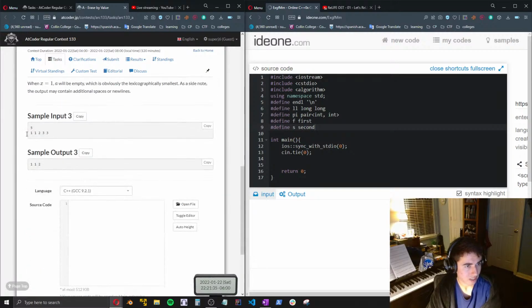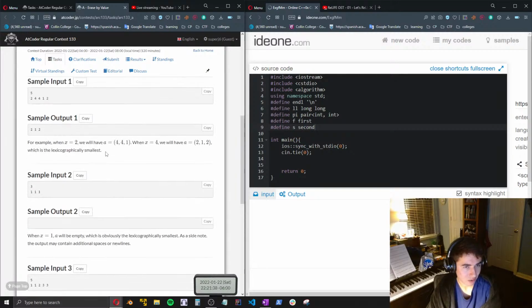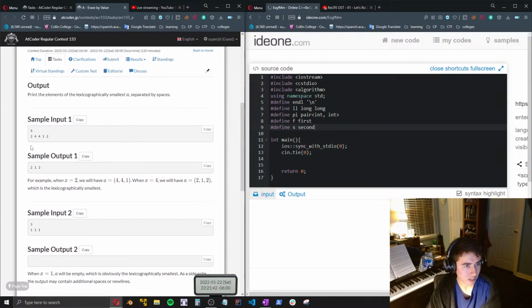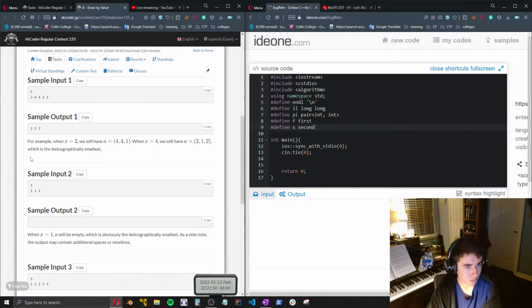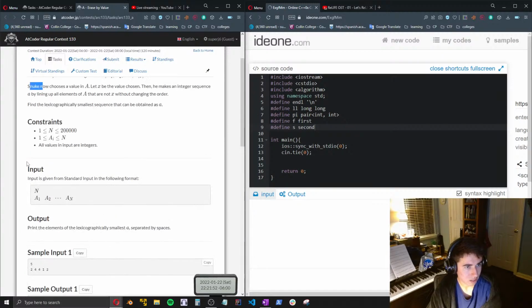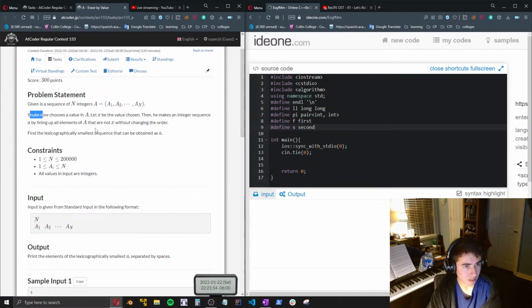So basically, just don't take the largest value, right? Or no. Take the first value such that there's a value less than it. Right? That should be it.